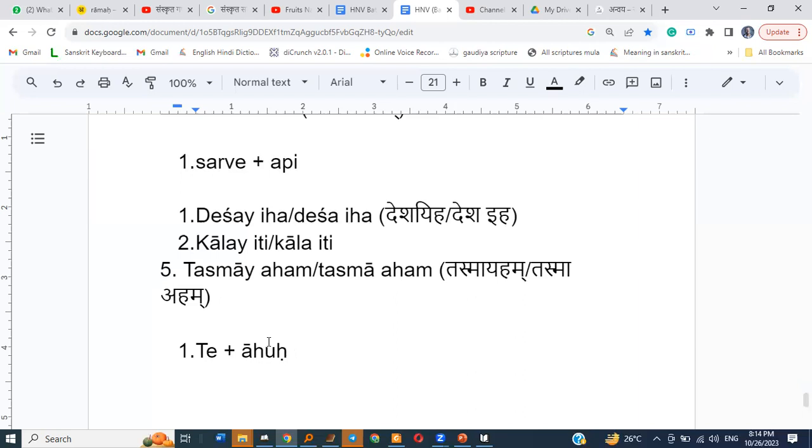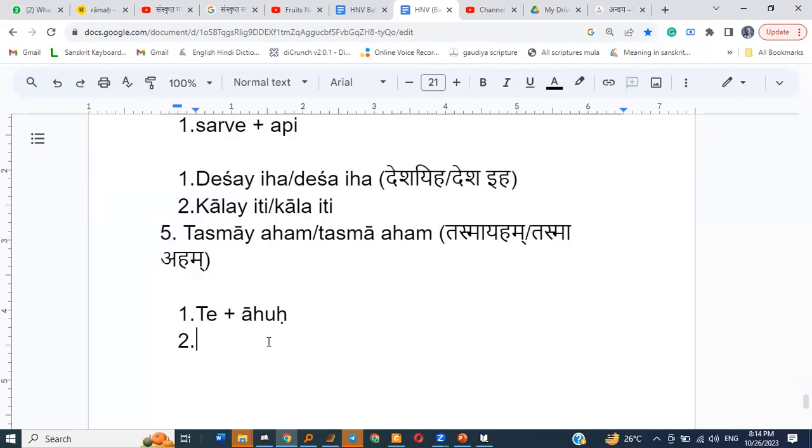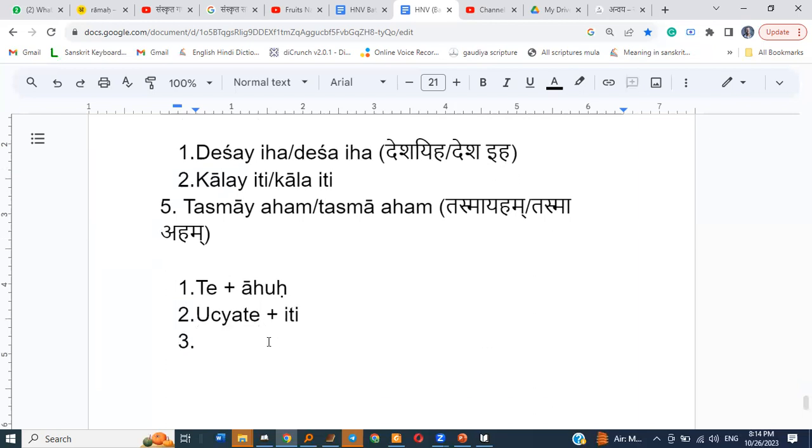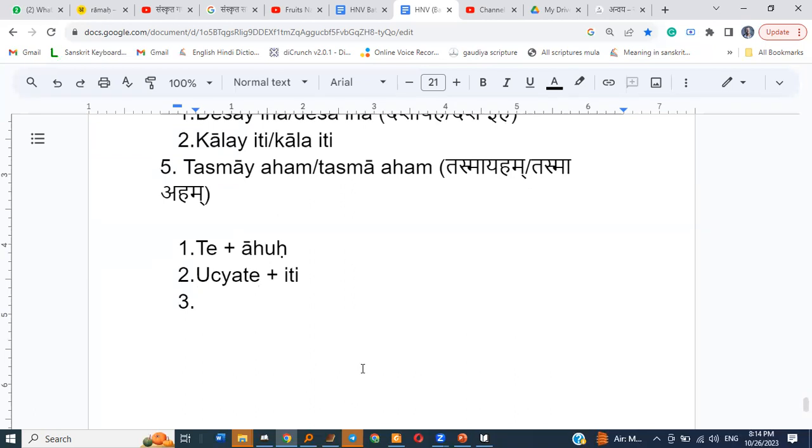The second one is uchyate iti. The third one is ete iha. The fourth one is te. Oh, I think the first and the fourth one are the same. Yeah, it's the same.